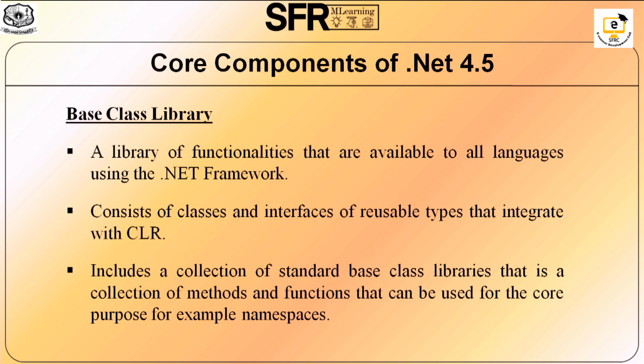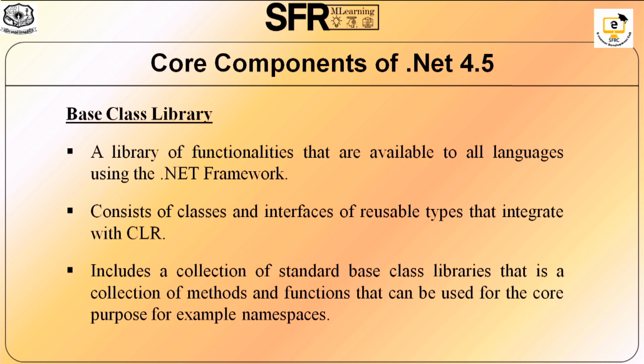The next one is the base class library, which is a basic library of the .NET framework. It provides all the functionalities that are available to all languages. It consists of classes and interfaces of reusable types that integrate with the CLR to execute a program. It also includes a collection of standard base class libraries, that is, a collection of methods and functions that can be used for the core purpose.